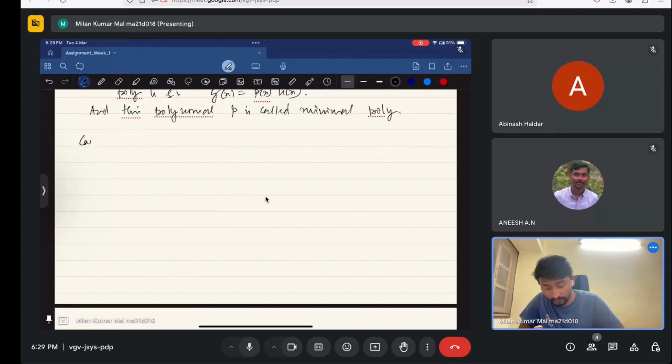So this is now the Cayley-Hamilton theorem. Okay, let me just write the proper statement so that I should not make a mistake.